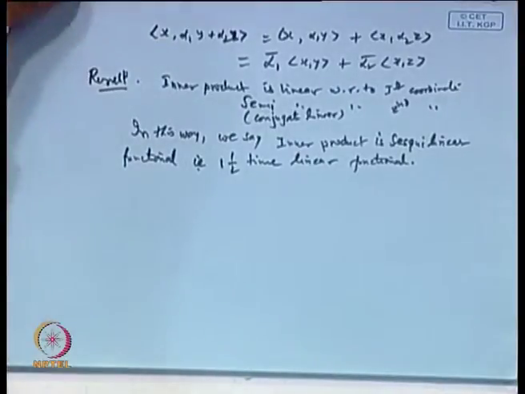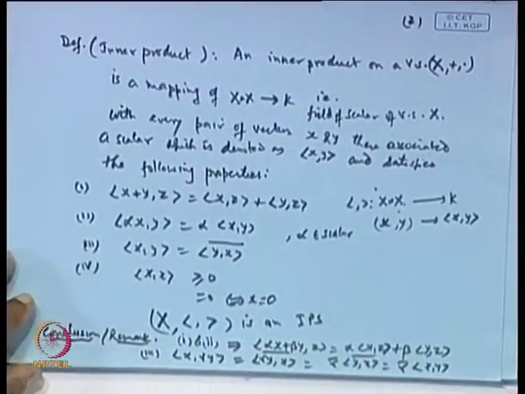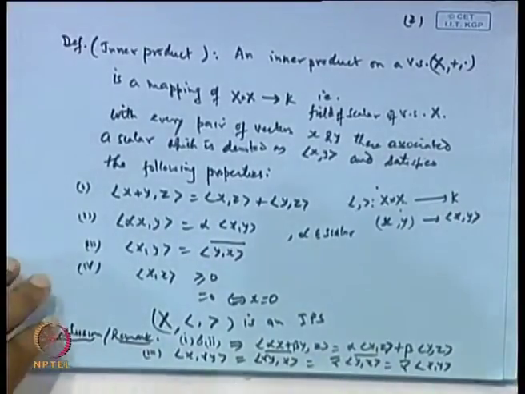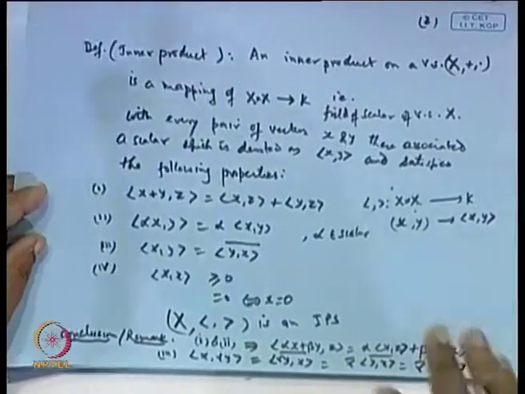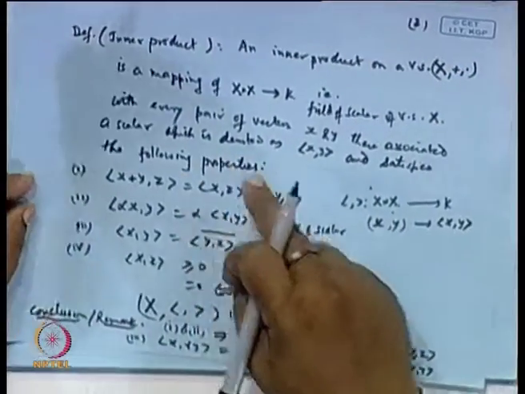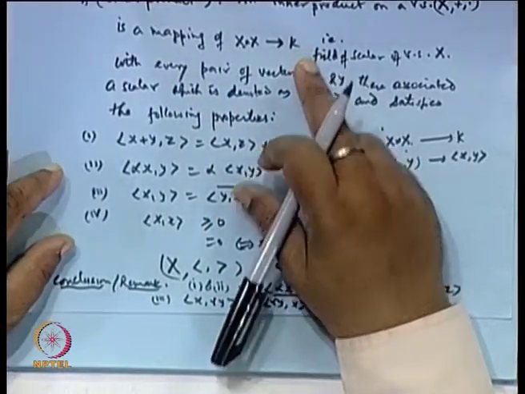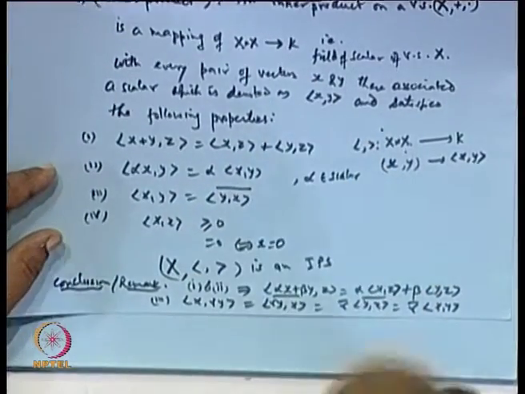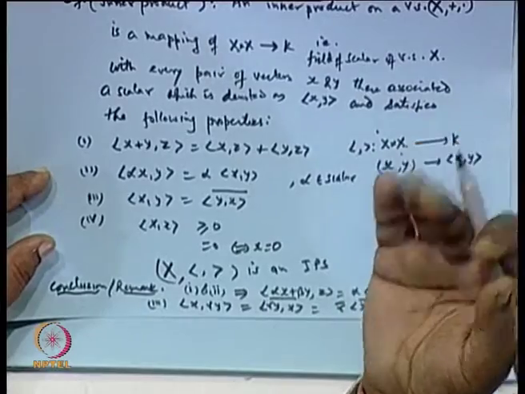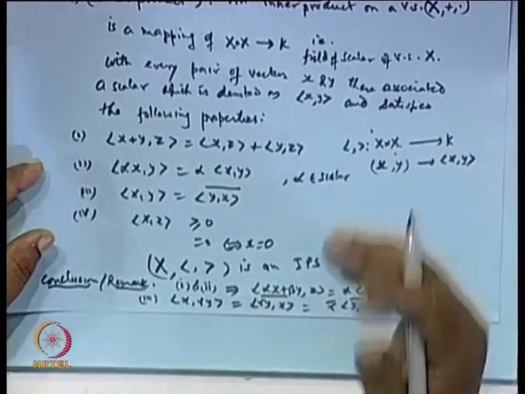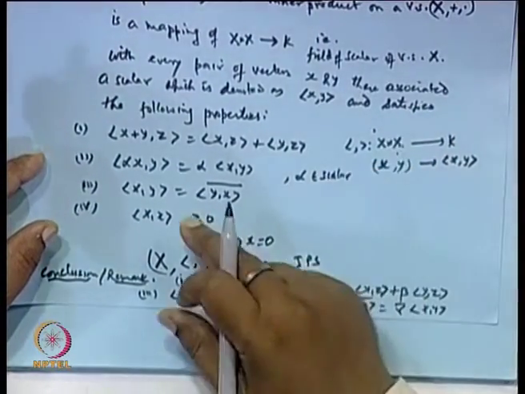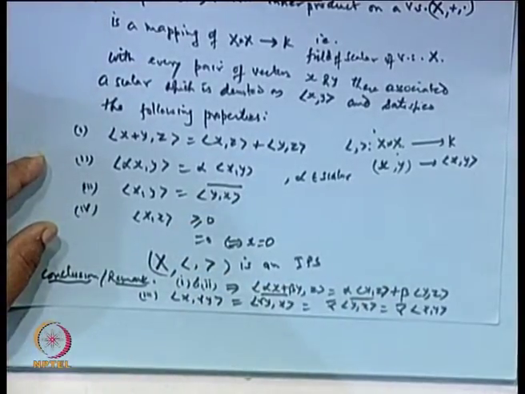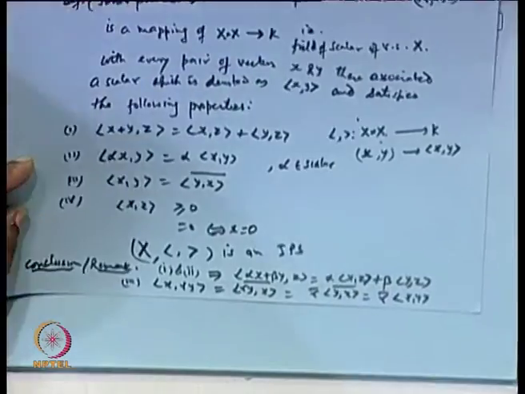Now, let us go back again. On the vector space X, we have introduced the concept of inner product. With the help of inner product, if I introduce the concept of the norm and the metric, then it will be useful, because this inner product carries the extension of the dot product as well as orthogonality.